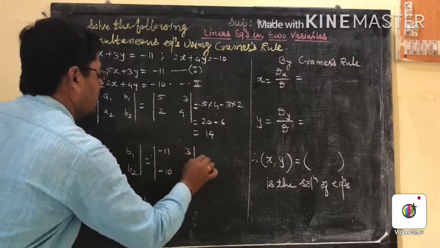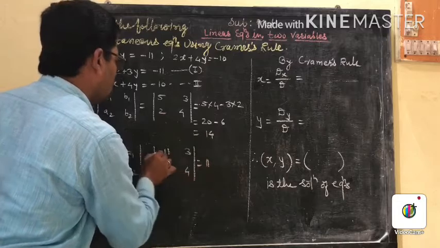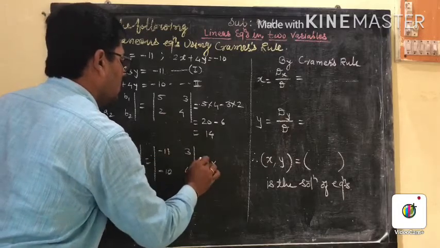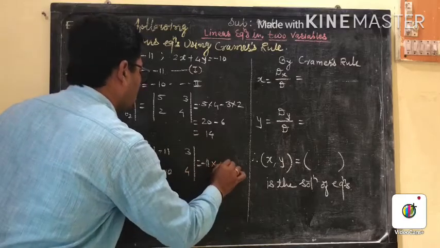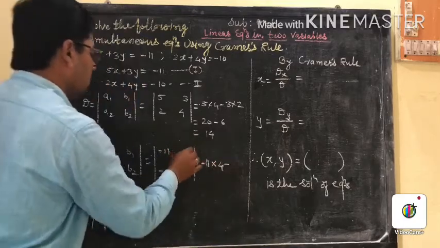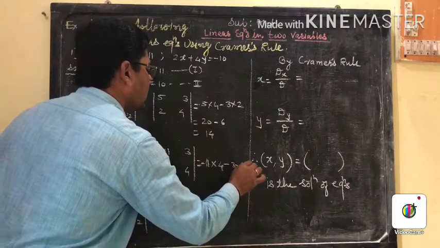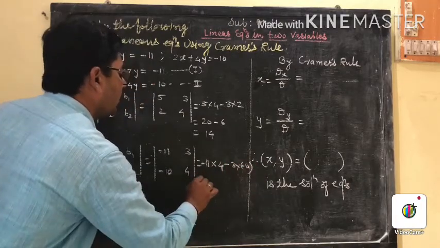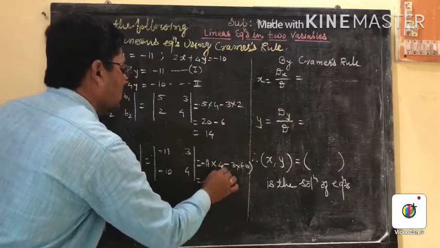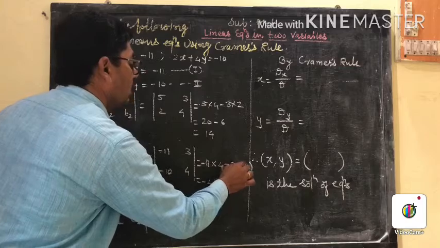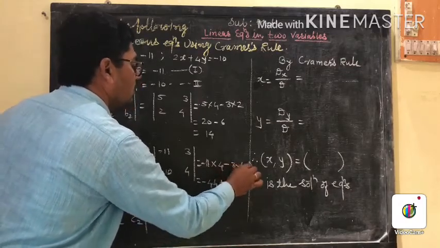And the value of this determinant is minus 11 into 4 minus 3 into minus 10. Now find the value: minus 44, minus 3 into minus 10, minus times minus is plus, 3 into 10 is 30.